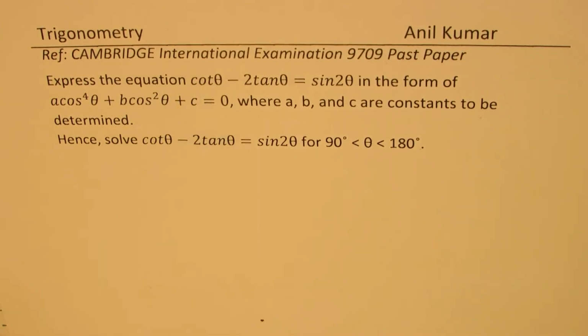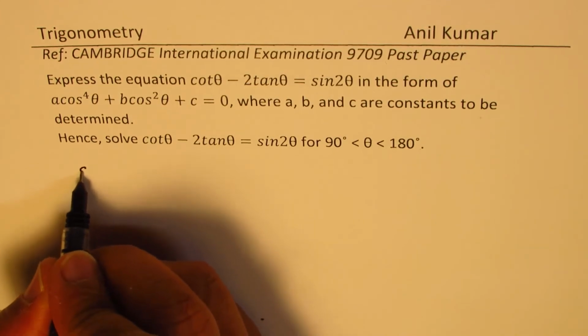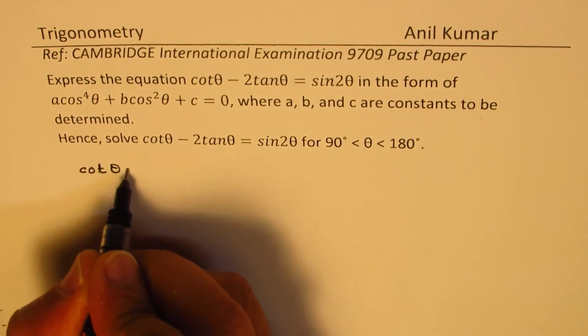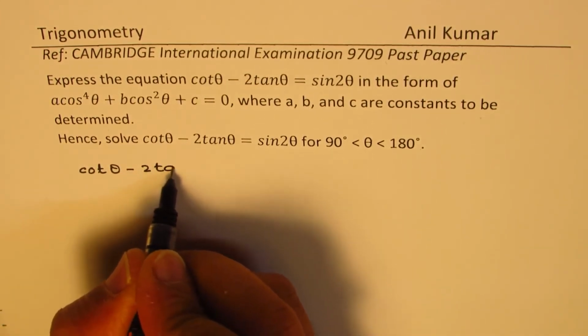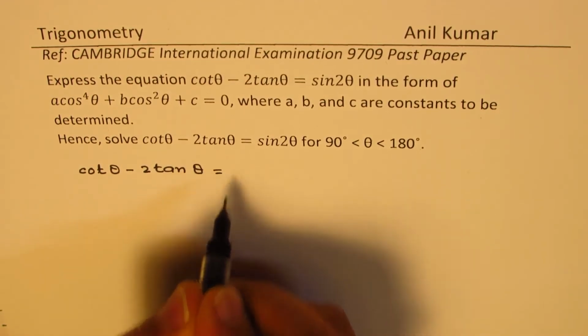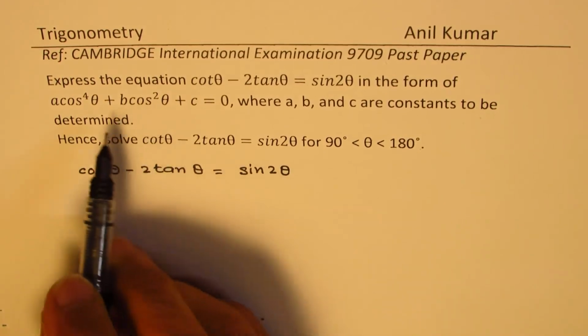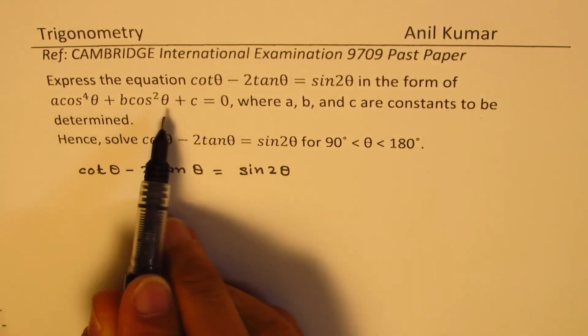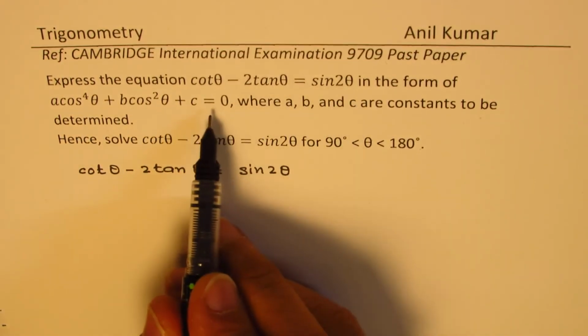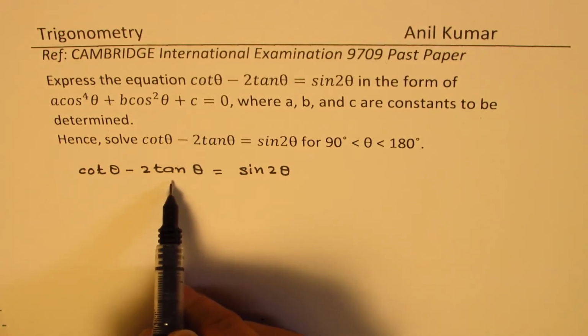So let's begin with the given equation, which is cot theta minus 2 tan theta equals sine 2 theta. Since we have to show it in terms of cosine, we'll bring all the terms to the left side, convert them into sine and cosine.